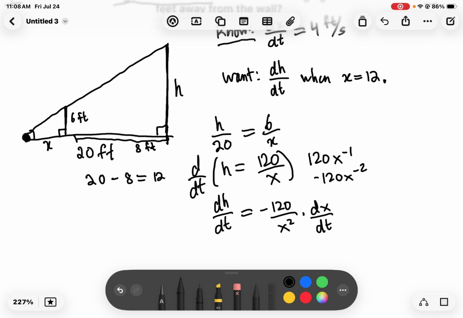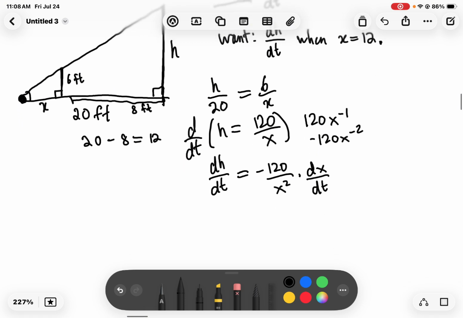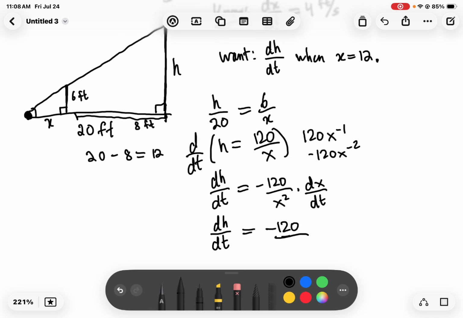All right, good. So now, next step, we've differentiated, so we must plug in everything that we know. dh/dt is what we're solving for, so this is equal to negative 120 over x squared. We want dh/dt when x is equal to 12, so we plug in 12 for x, squared, and then times dx/dt.